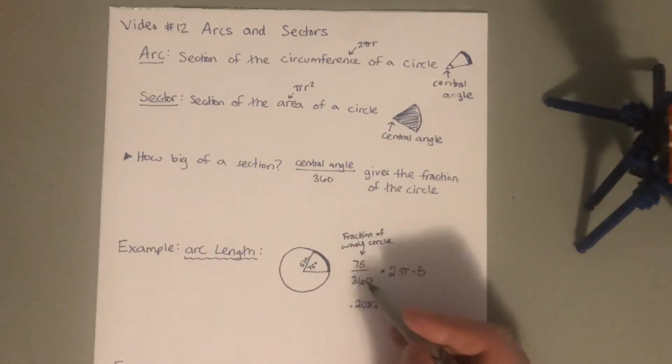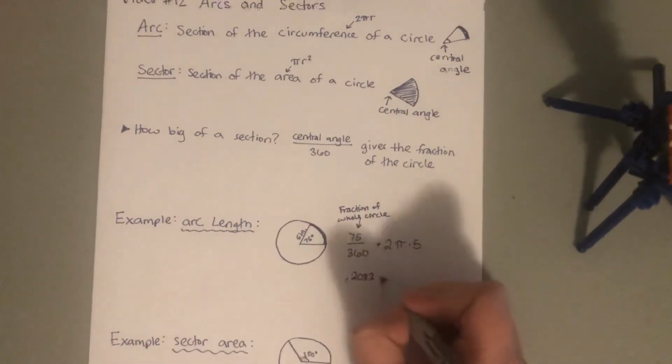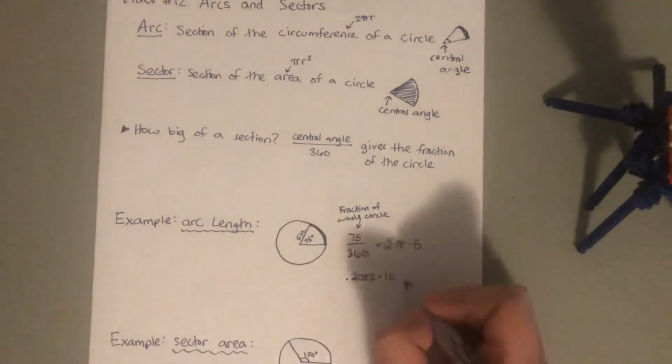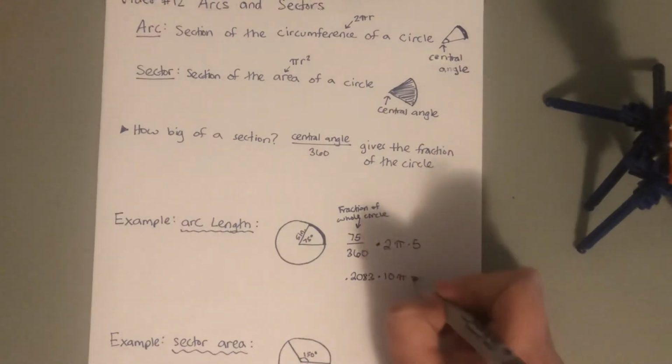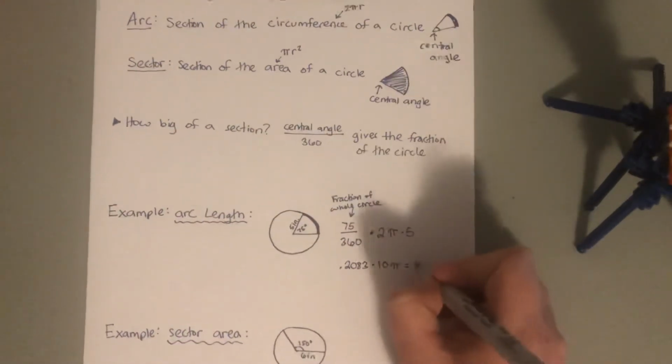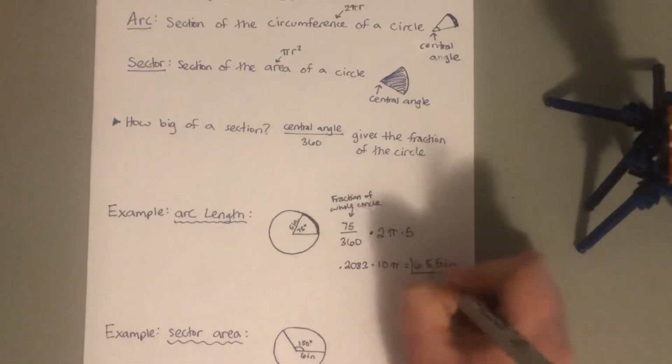If we take 75 and divide it by 360, we get that, and then times 2 and the 5 gives us 10. We're all multiplying here, times pi. That ends up equaling 6.55 inches.